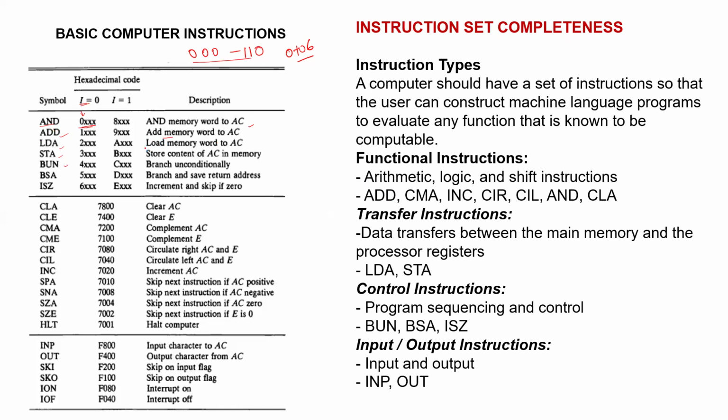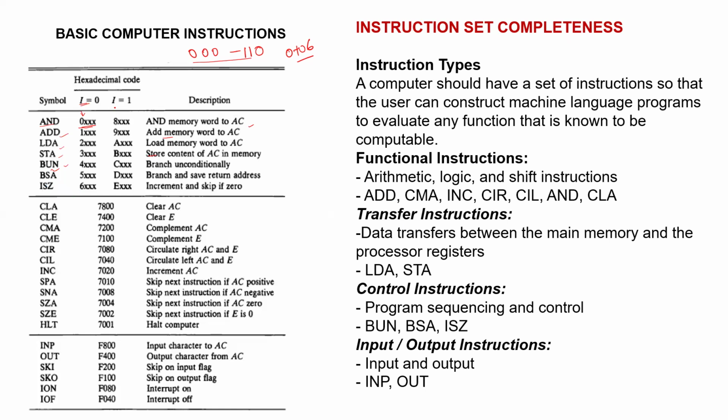LDA is load memory word to AC. STA stores the contents of the accumulator in memory. BUN is branch unconditionally. BSA is branch and save return address. Our discussion about branch, subroutine, and all these things will come later. ISZ is increment and skip if 0.